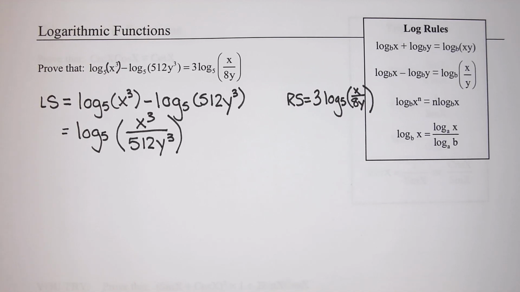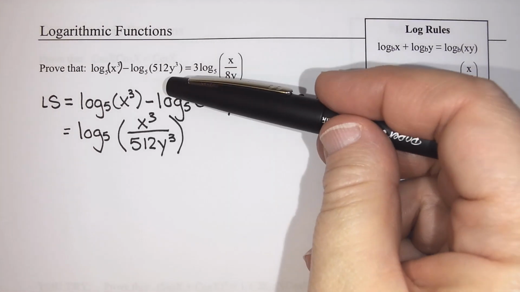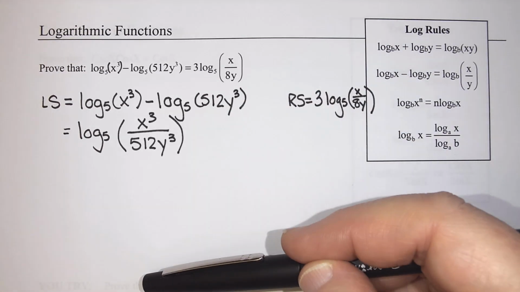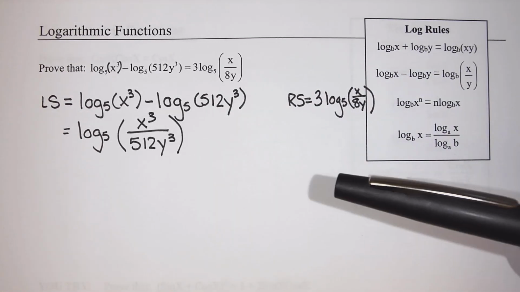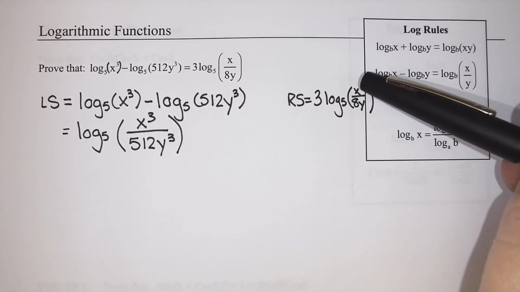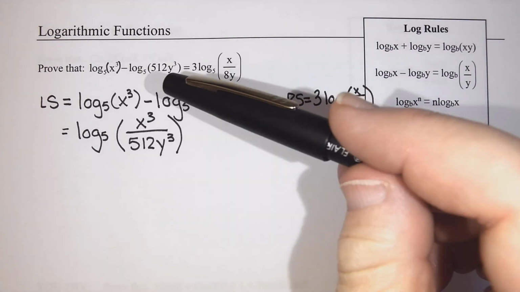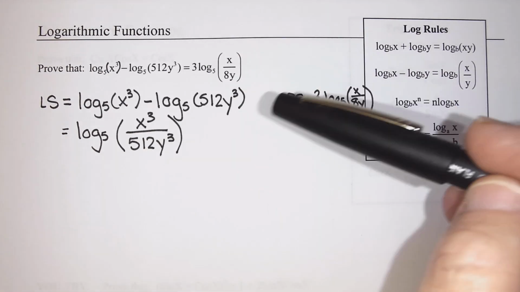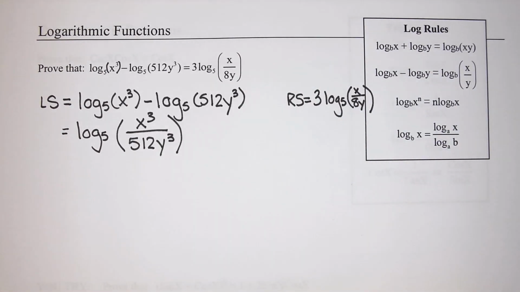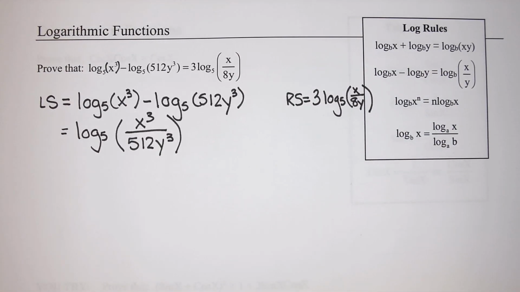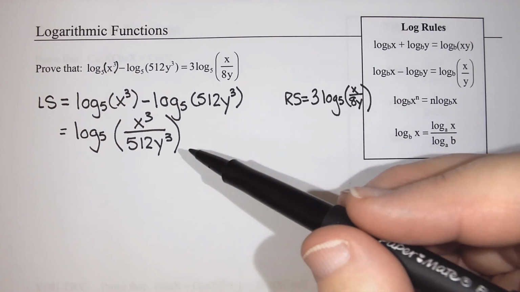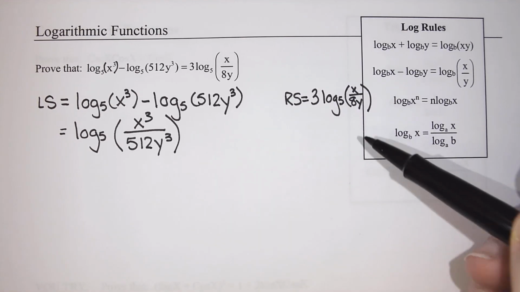So when you're doing a proof, you can either pick the left side and work it until it equals the right side, or choose the right side and work through it until it equals what the left side equals, or you can work both sides until you get them to the same point, which is what I might try doing here.